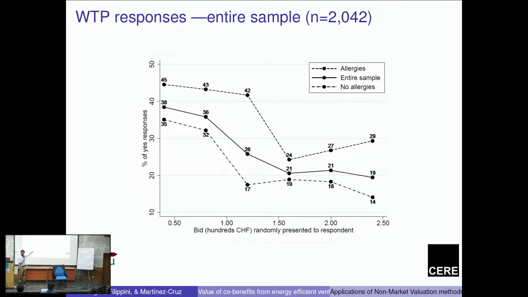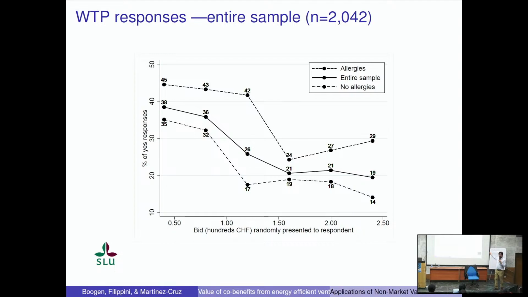And even more importantly, I should have gone down probably to 0.1 in this case, which was going to be like 100 Swiss francs. Why? Because I am not obtaining yeses for the lowest values. My demand curve only starts at 40.